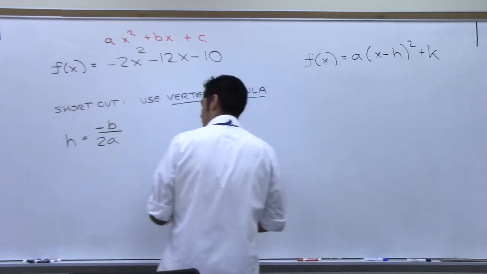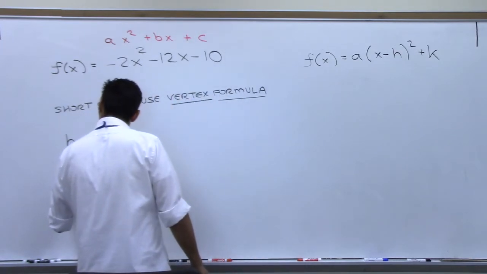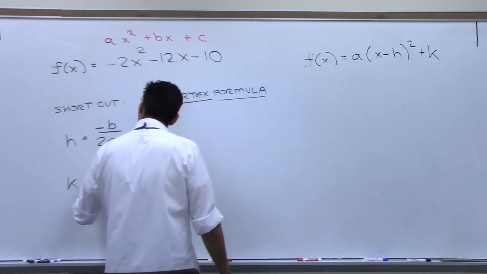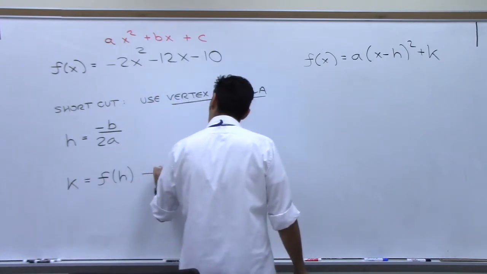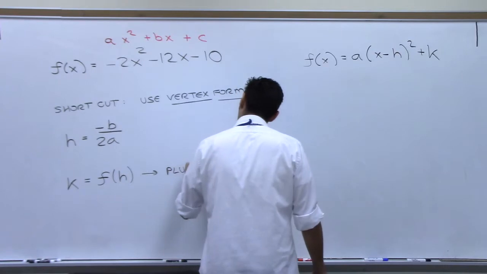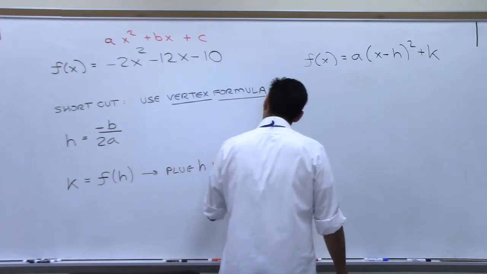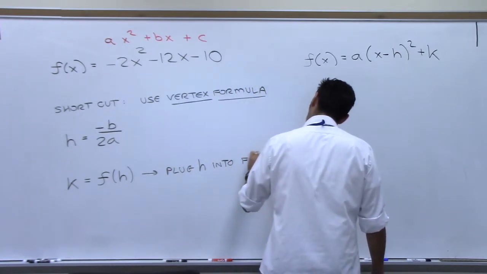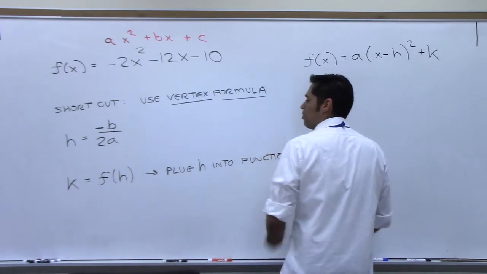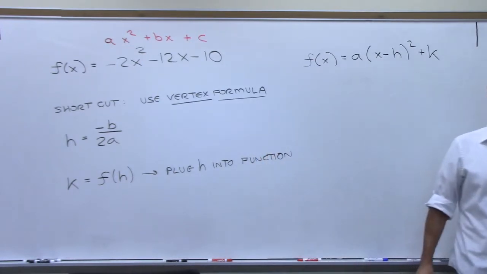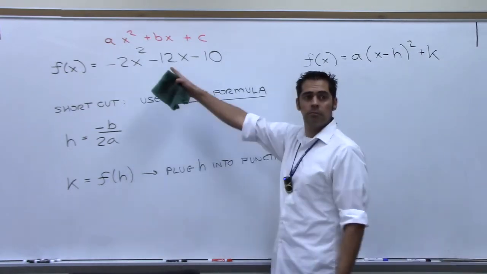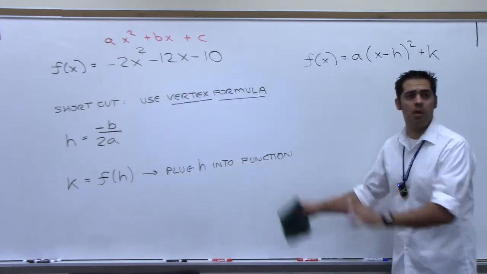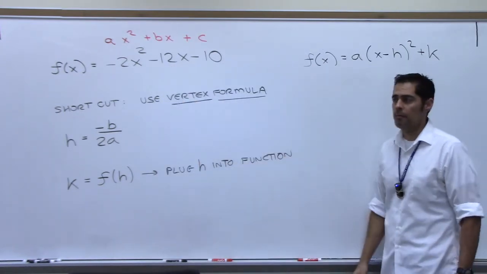K is equal to f of h. What this means is plug h into the function. And the answer will be your k value. When you say plug into the function, you mean just plug into this expanded function? Yep. We're going to do this problem now, but this is the actual formula.